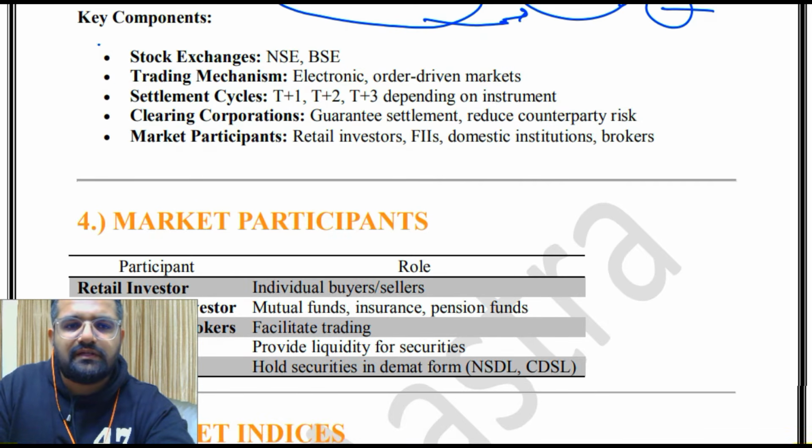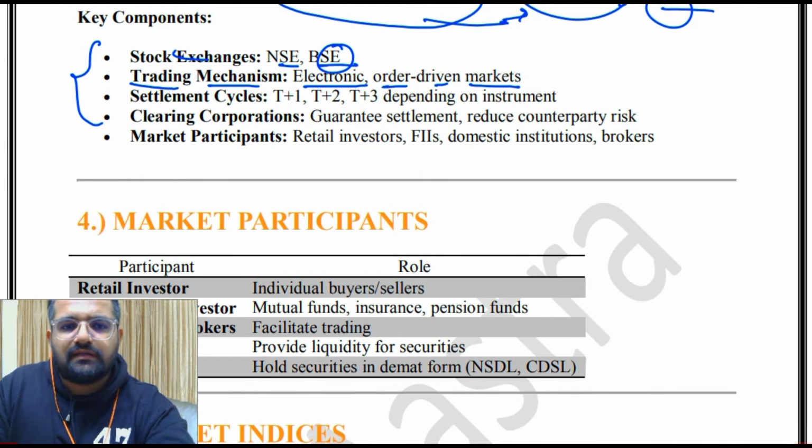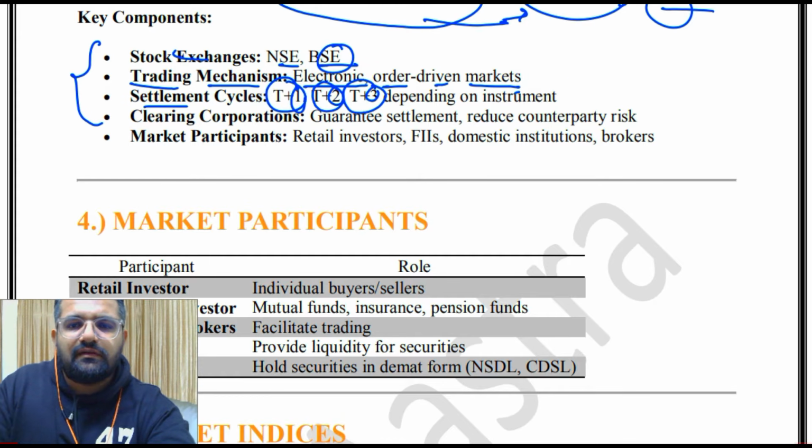Key components are stock exchanges, that is NSE and BSE, Bombay Stock Exchange, National Stock Exchange. Trading mechanisms, electronic order driven markets. Settlement cycle, T+1, T+2, T+3. What are these +1, +2, +3? So these are days depending on the instrument. Okay, T plus 1, T plus 2, T plus 3.